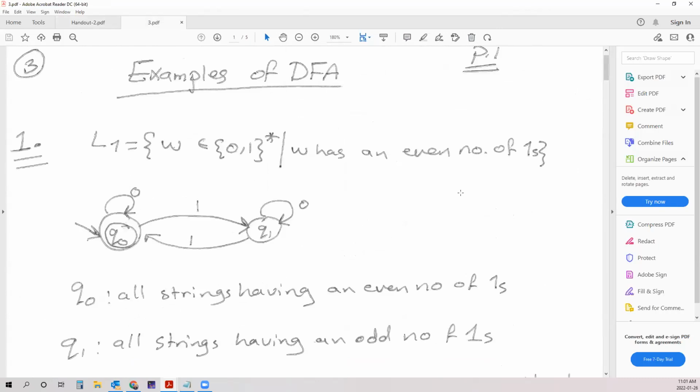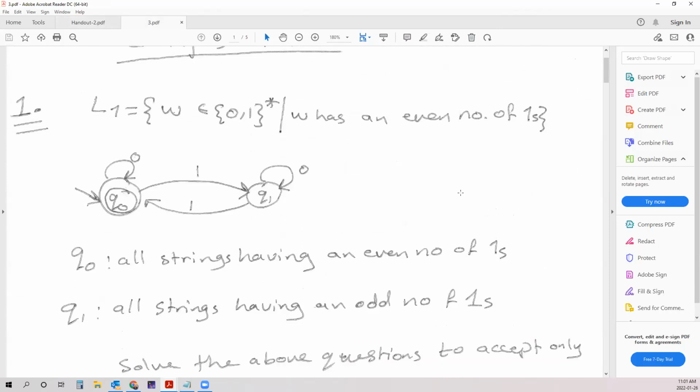Example of DFA. Assume that we have a language L1 that has a string W, which belongs to the alphabet, any combination of zeros and ones, and W has an even number of ones. There is a constraint that I should have an even number of ones.